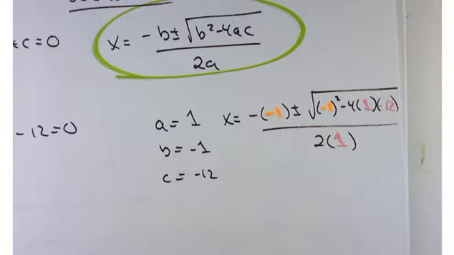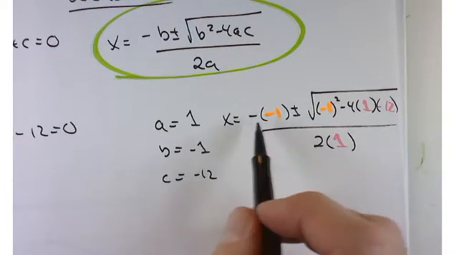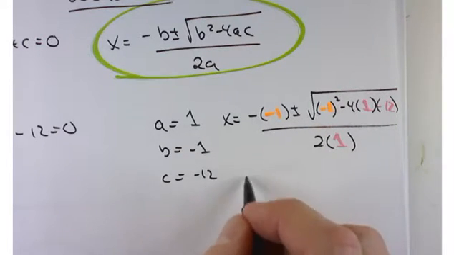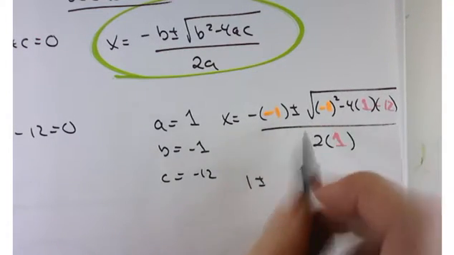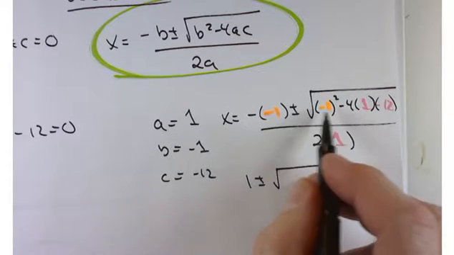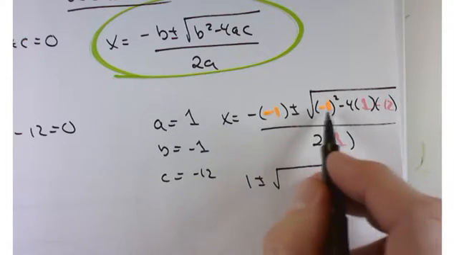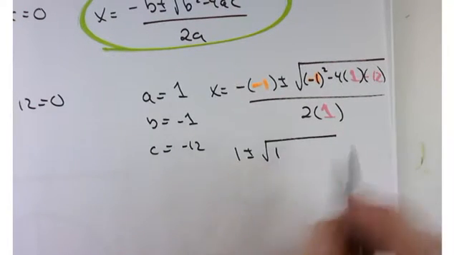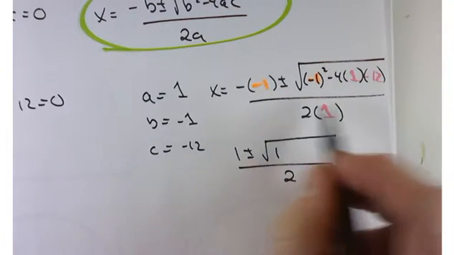So there's a lot of care that we need to put into cleaning up all these negatives. The double negative here becomes a positive. Square root of negative 1 squared. Well, what do I get when I square negative 1? 1. In the denominator, there's a 2.